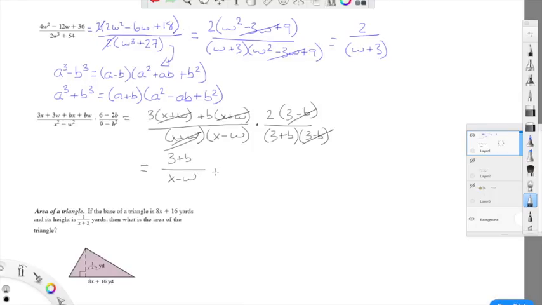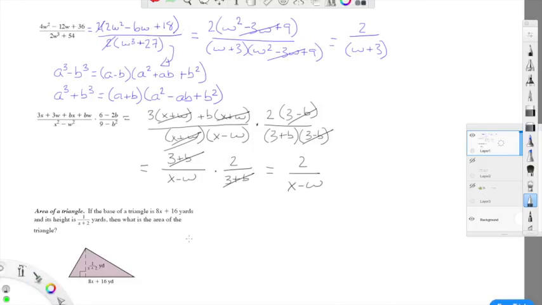And then this all multiplied by 2 over 3 plus b. And so we can cross out those terms since we'll be left with 1 on top, 1 on the bottom. We finally get 2 over x minus w as our simplified expression.